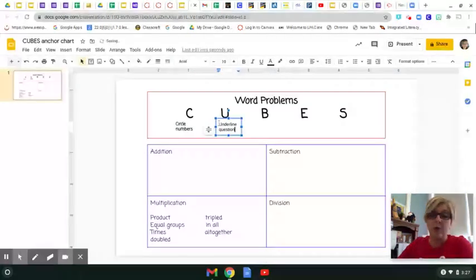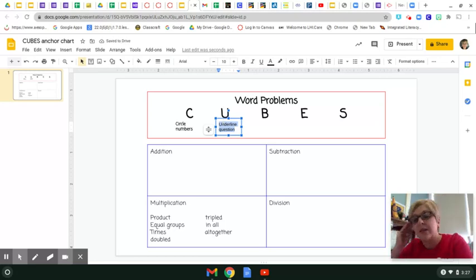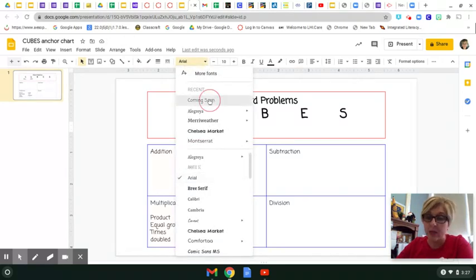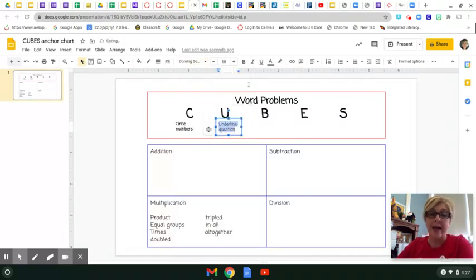We look for those question words like how many or who or things like that. And we know questions end with a question mark. So that's another clue. We're going to find that question in the story problem and underline it. A lot of times it's the last sentence in the story problem. So that's a clue as well.